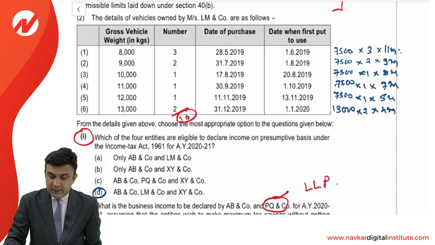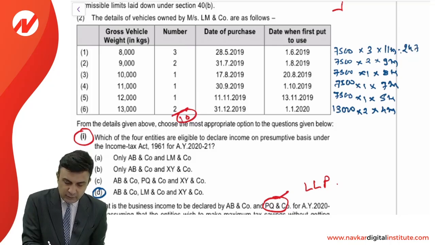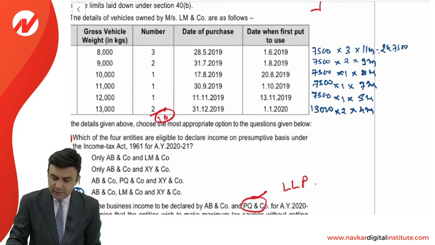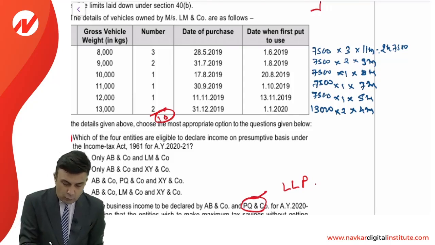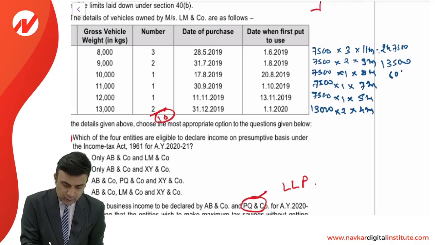Friends, my taxable income is going to be 7,500 multiplied by 3 multiplied by 11, giving you 247,500. Then the second one will be 7,500 multiplied by 2 multiplied by 9, giving you 1,35,000. Again, I have 7,500 multiplied by 8, giving you 60,000.